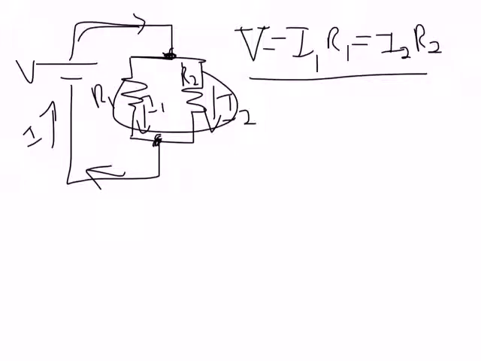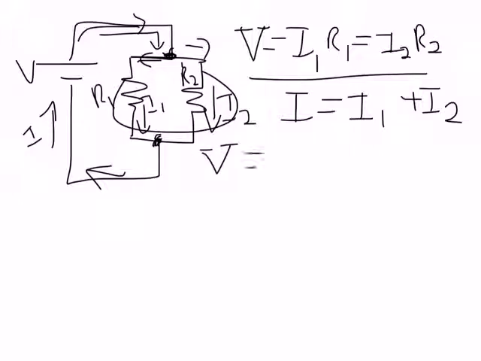But there's one more thing I'm going to argue here, which is that whatever current is coming into this junction must be split between these two, so that incoming current must be equal to the outgoing currents added together. That being the case, I could say V is equal to I1 R1, but I1 is really I minus I2, times R1.